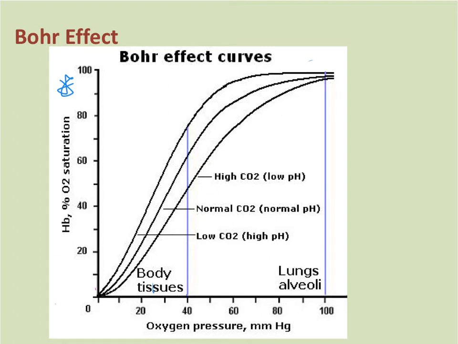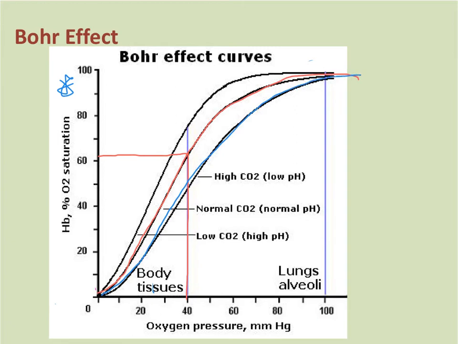All right, so if I'm looking at my center line right here, and let's say I'm looking at partial pressure of 40. That means about 60% of my hemoglobin is saturated. But let's say I shift that curve to the right.